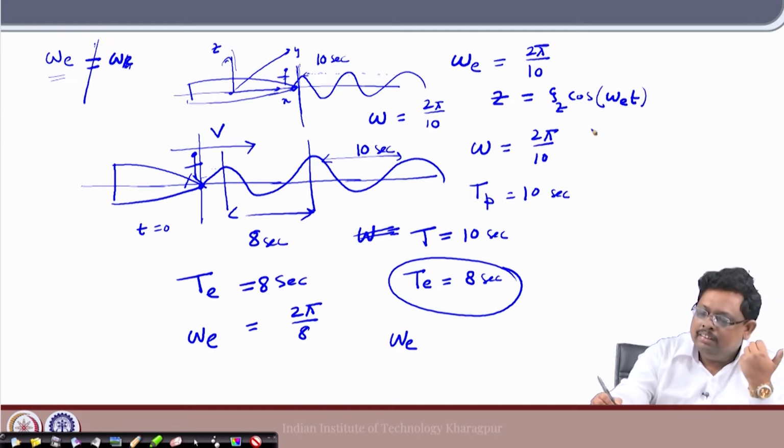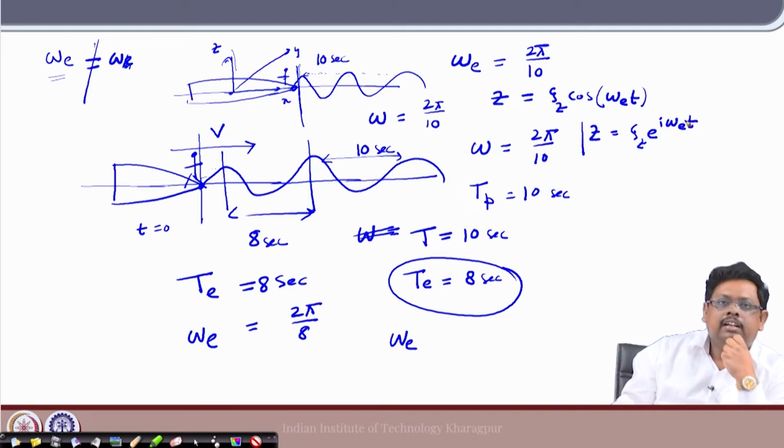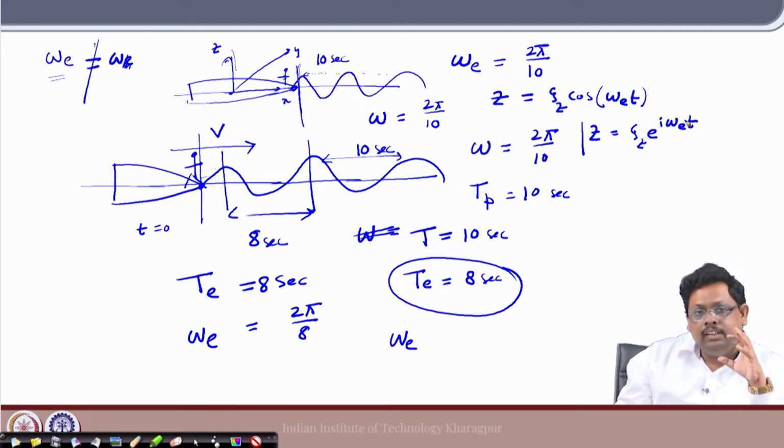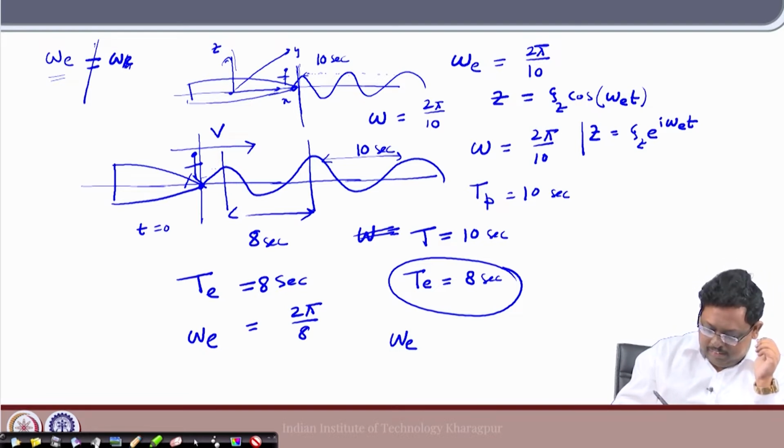In other words, if you write in complex domain, z is equal to some xi z e to the power i omega e t, right. So, this is the underlying concept of the encounter frequency, right.